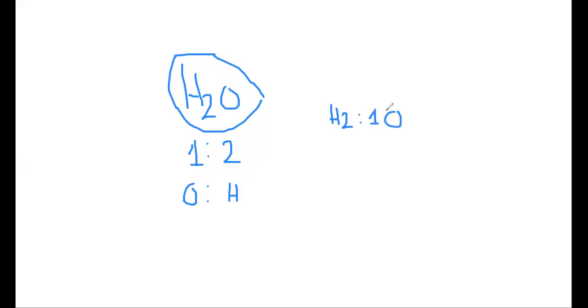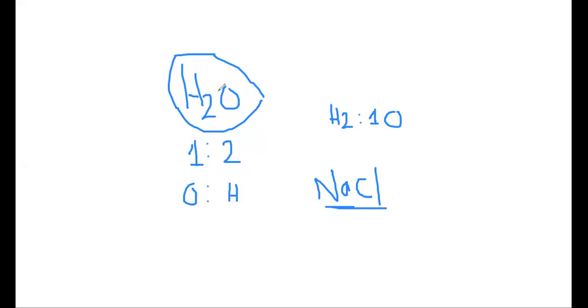Okay? For example, the chemical formula for table salt is NaCl. It is 1:1. The chemical formula must show the elements that make up the compound or the molecule. Is it clear?